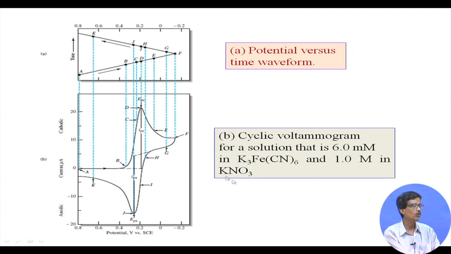So, whatever amount of sample, because everything is in unstirred condition, we have not stirred the solution. So, everything is unstirred solution. Whatever sample was there on the electrode surface will now be ready for its oxidation. So, again we get that particular amount of current, and we get some potential, again EPA, the anodic peak current as IPA, and then we go back and we have some residual current.